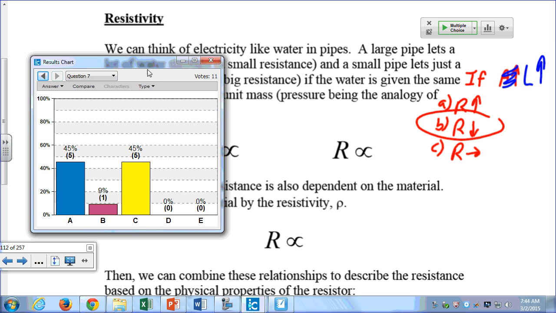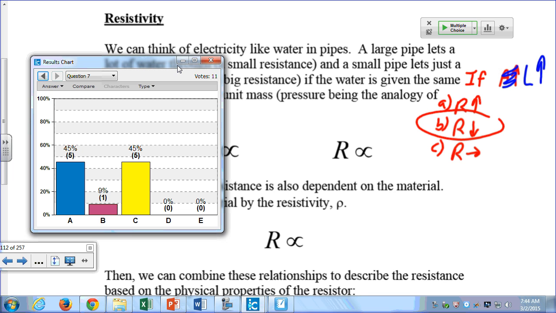All right, we're sort of split here. Some of you said it remains the same and others said it goes up. Imagine that I have a water hose that's just this long. I want to put water through it. I don't need a whole lot of pressure to put water through it, because it's just a little bitty hose. But then if I have a 100-foot hose, is it going to require more or less pressure in order to force water through that 100-foot hose?